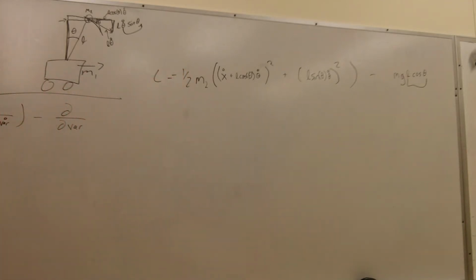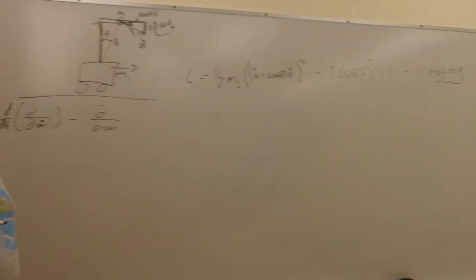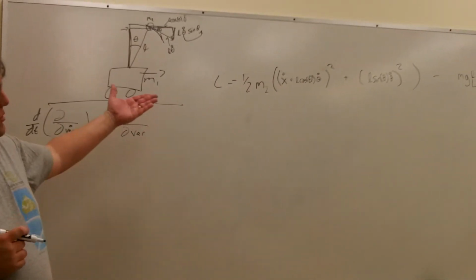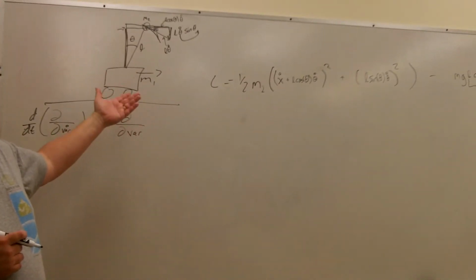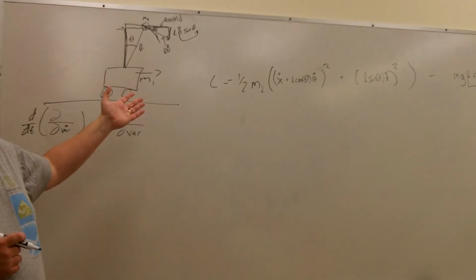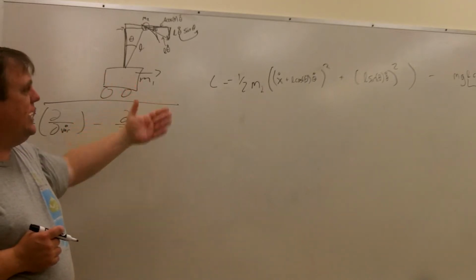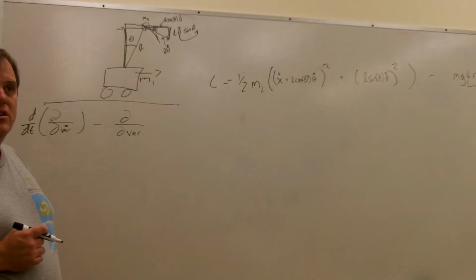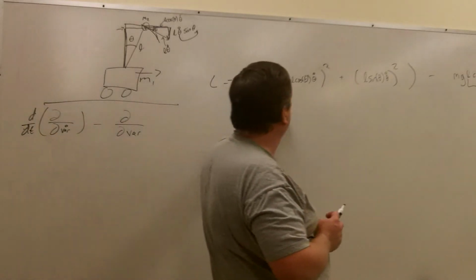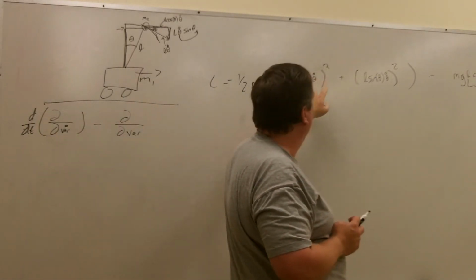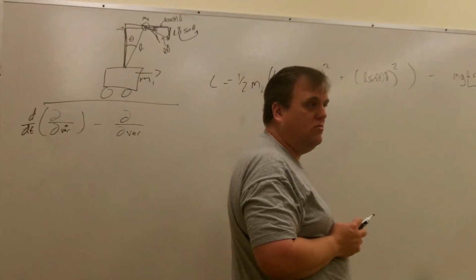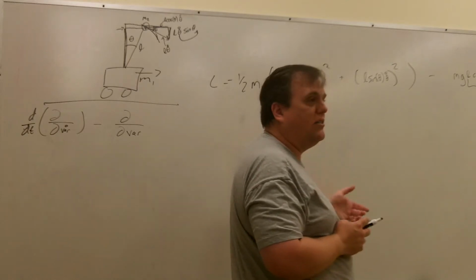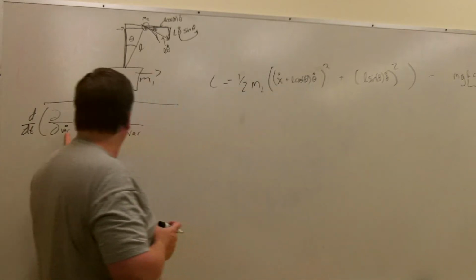I could do it in the y if I wanted, although it doesn't make a lot of sense in this case because we were able to resolve y out in terms of the other variables. I could do it in terms of theta. That's the other intelligent one. I've got two intelligent variables to take with respect to, x and theta, because I get the theta dot and I get the x dot from this part.